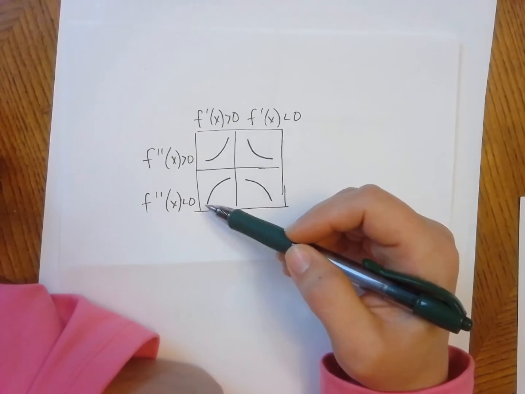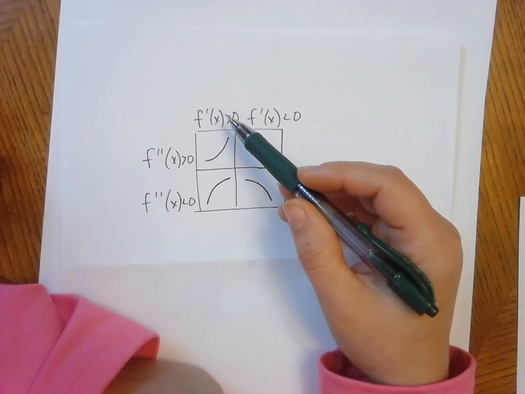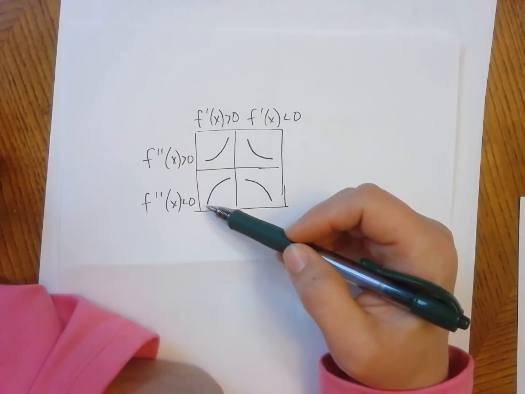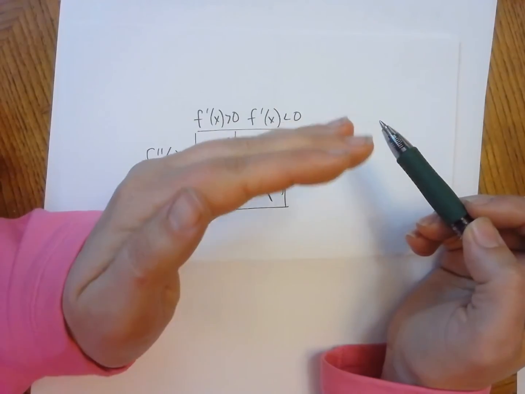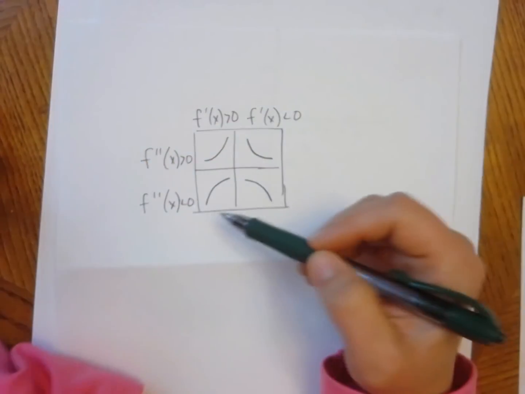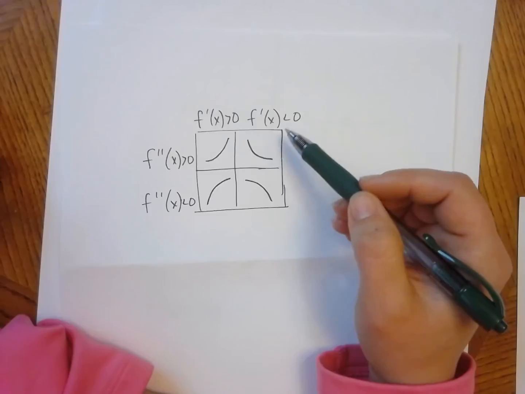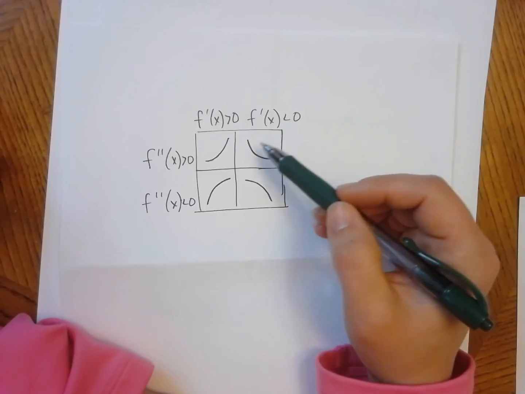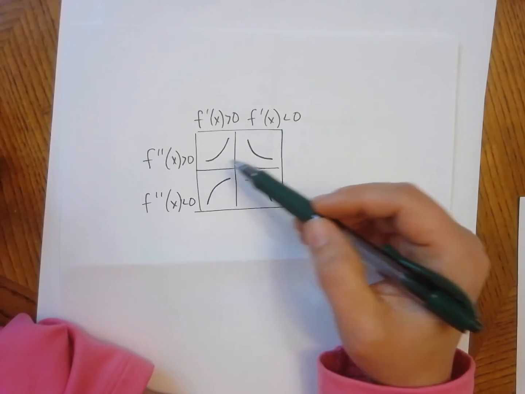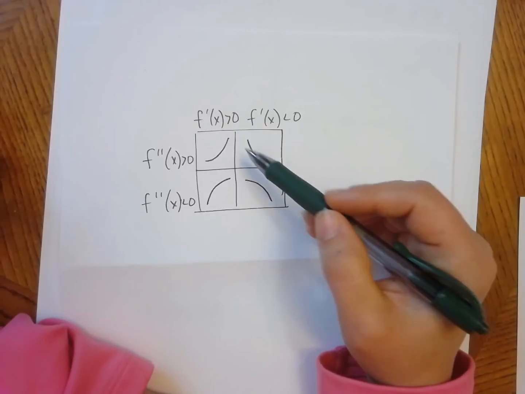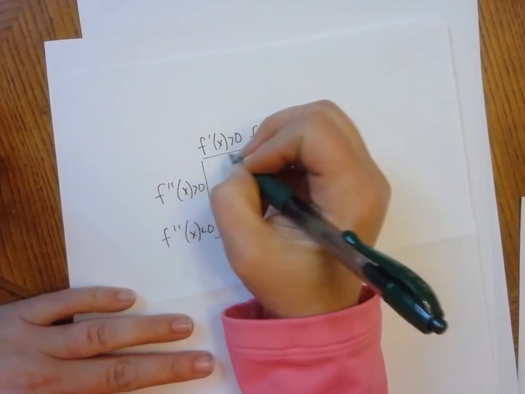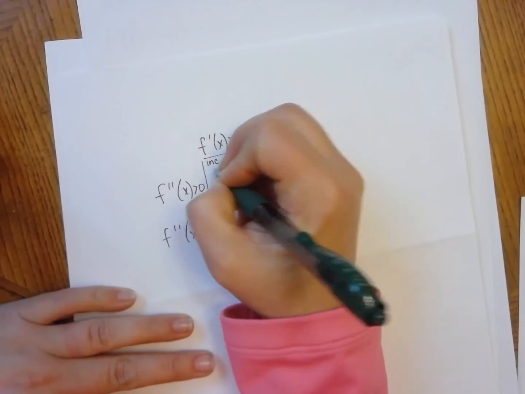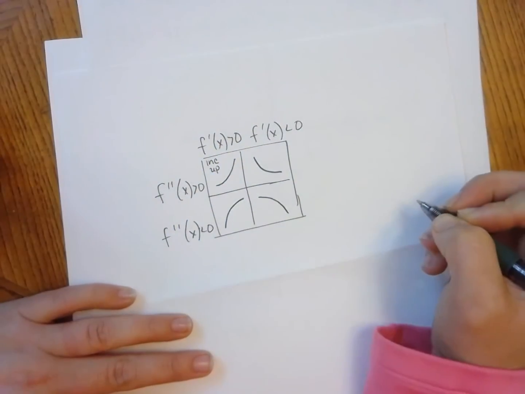So increasing and concave down means f prime is positive, f double prime is negative, and it looks like this. Concave down means your hand sort of has a downward shape to it. Then this one is f prime is negative and f double prime is positive, so decreasing and concave up. Maybe I'll write these. So this means it's increasing and concave up in the little box.